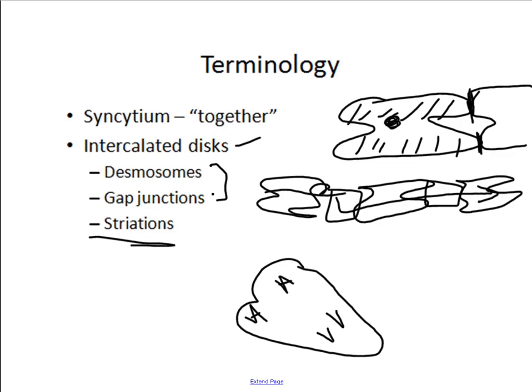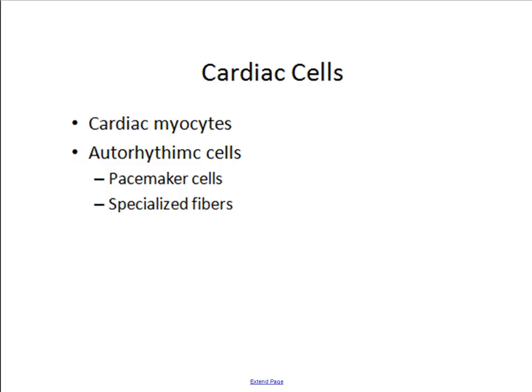All right. So there are essentially two types of cardiac cells found within the syncytium. And the two types are the cardiac myocytes, or if we wanted to be more general about our categorization of these, we would call these the contractile cells. And as usual, my pen is going bonkers on me. So we would call the cardiac myocytes the contractile cells, and then the other cells we would call the autorhythmic cells.